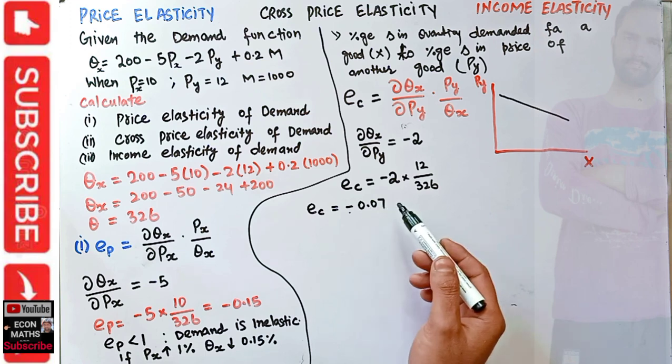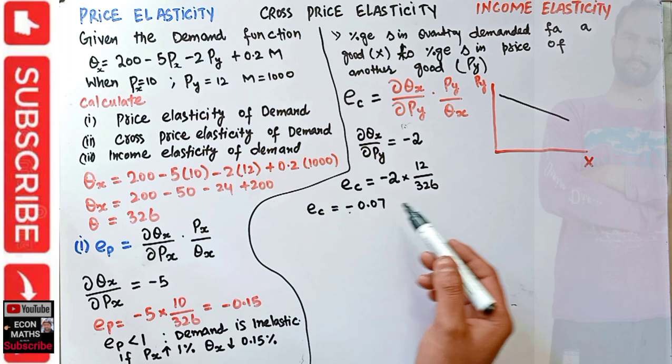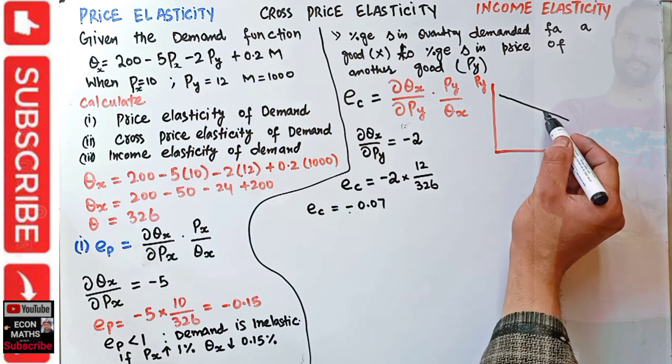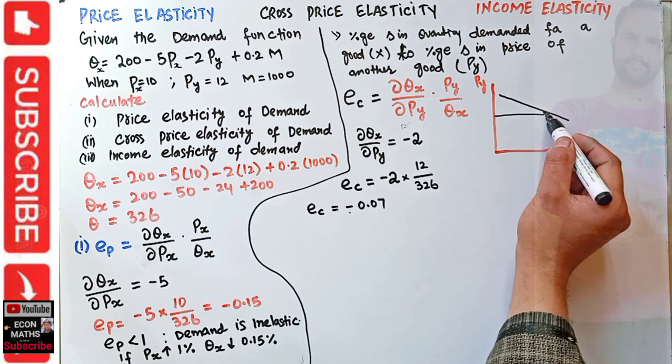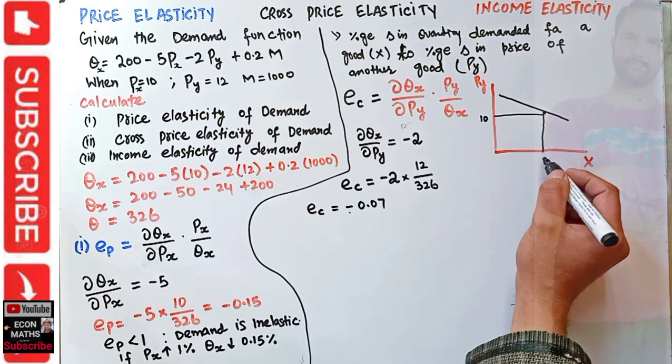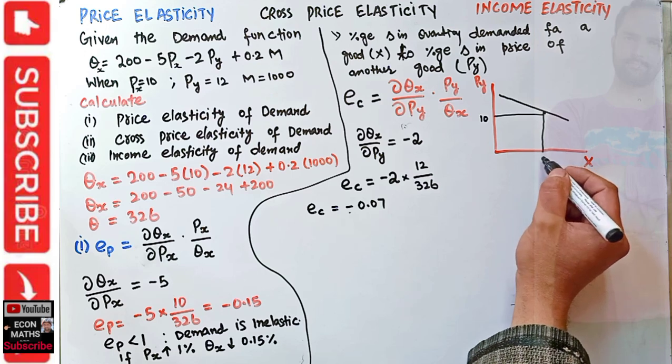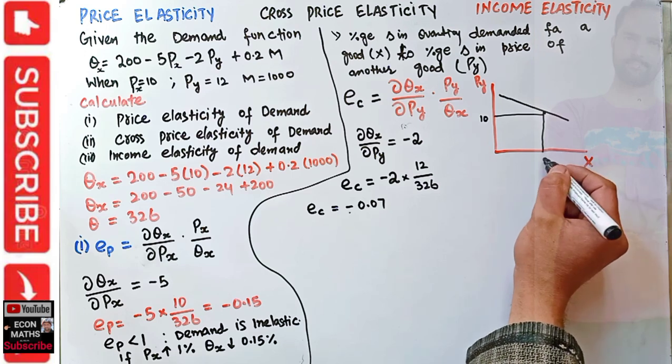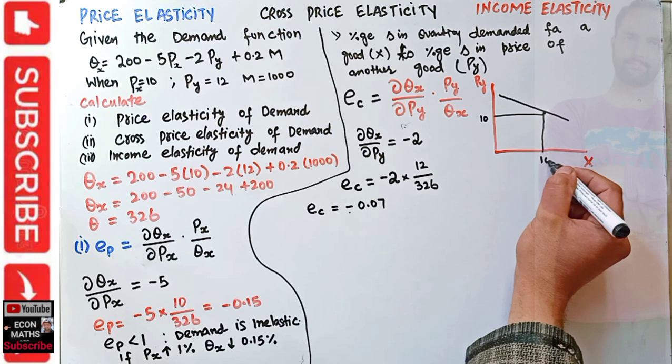By complements what we mean, simple thing, let us say if price of good y was 10, let us say quantity demanded of good x was also 10.